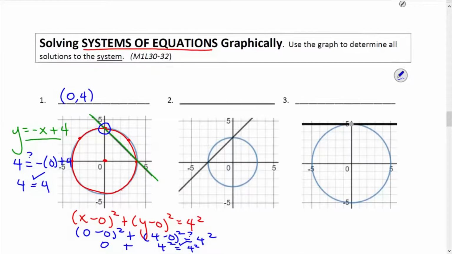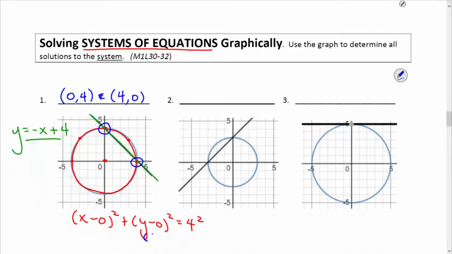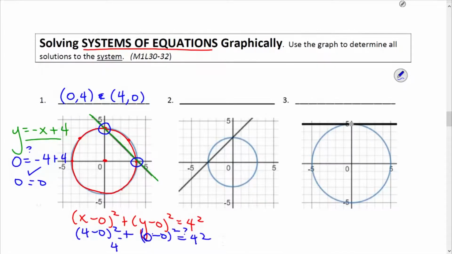So in both equations, I get a true statement, and so that is one of my solutions. The other one is right here at the point 4, 0. And again, I can plug in x is 4 and y is 0 and get a true statement both times. It looks like this. And you get a true statement both times.